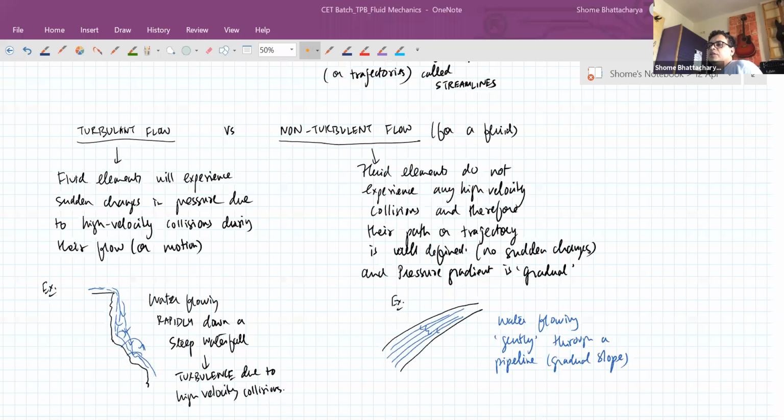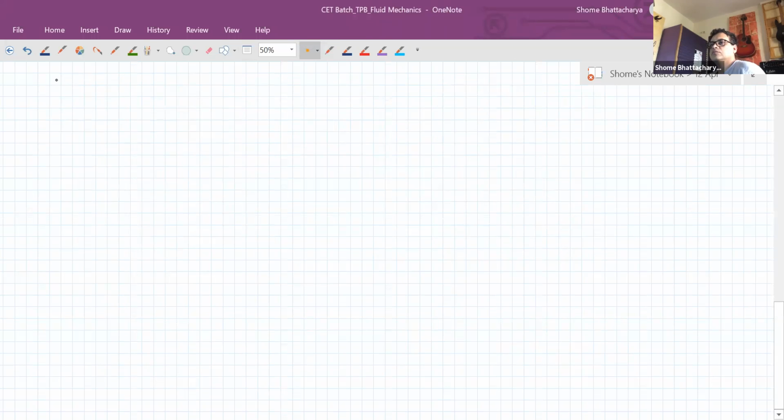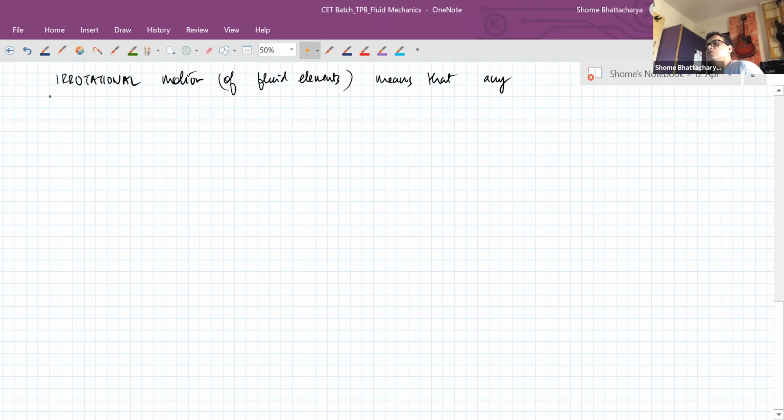Now, similarly, let's come to the second point of irrotational flow. So, irrotational motion of fluid elements means that any volume element of fluid will not undergo rotation while moving.